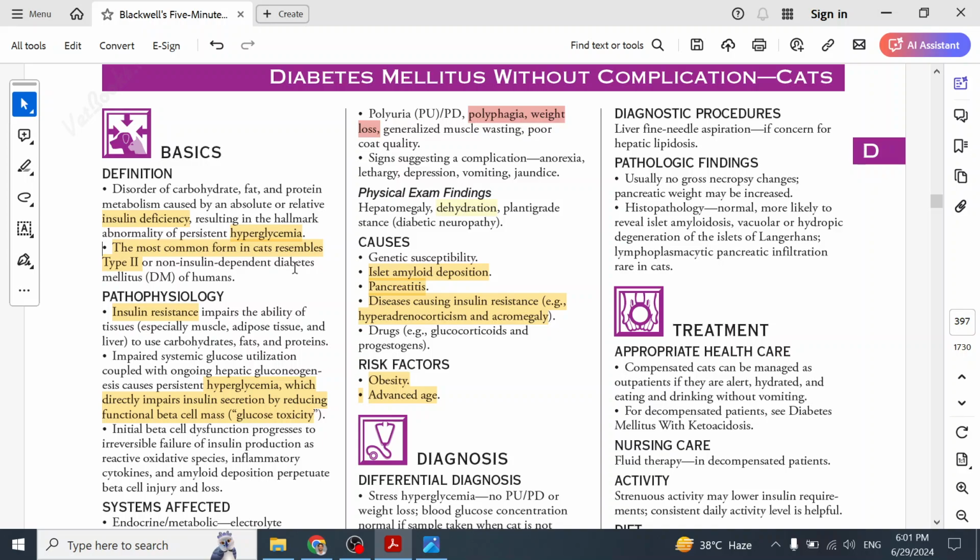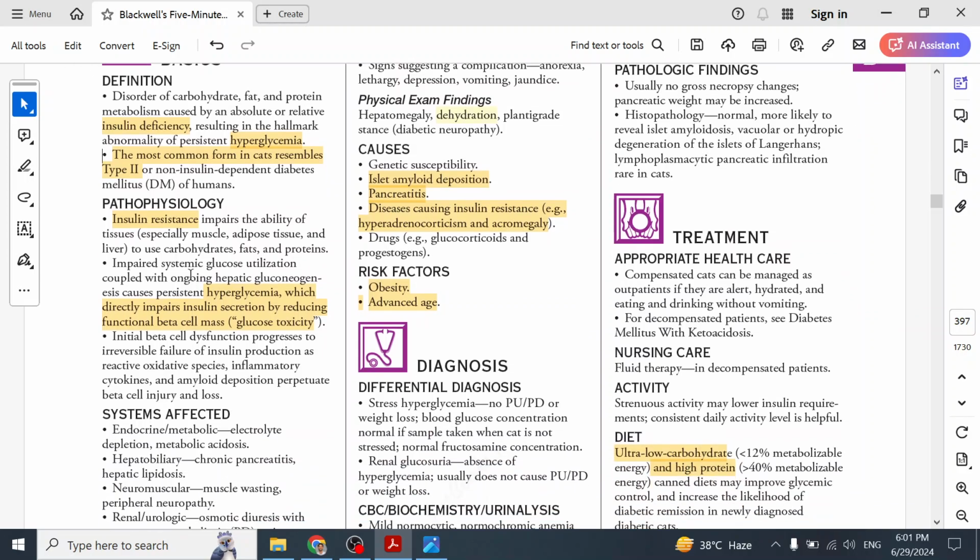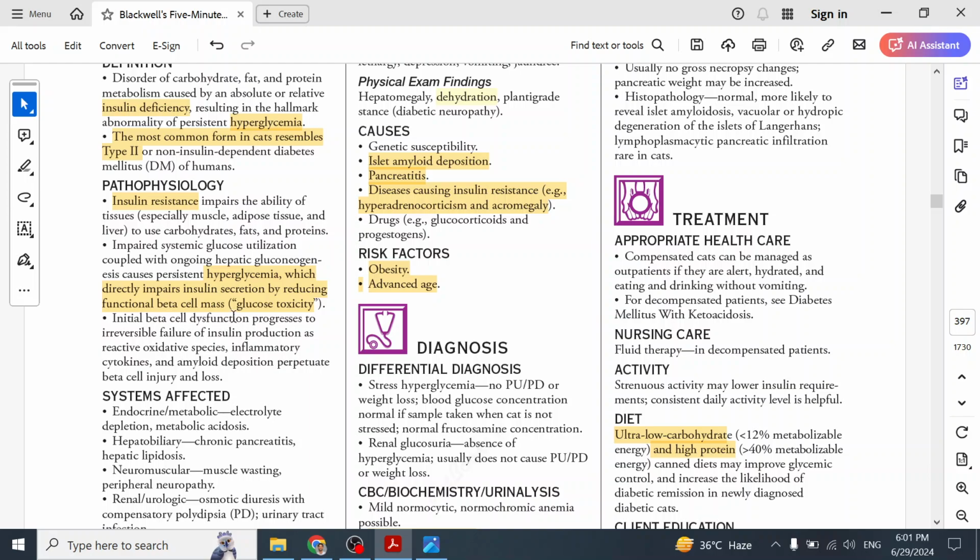You can control diabetes by giving insulin, but in cats there is resistance of the cells to insulin. Hyperglycemia occurs, which directly impairs insulin secretion by reducing functional beta cell mass. This is also termed glucose toxicity. So this is the other type of diabetes mellitus in which insulin resistance occurs, and there is a hyperglycemic state.